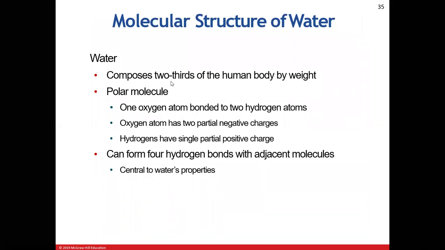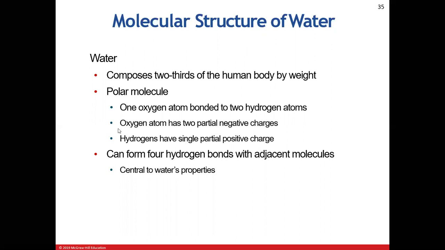Okay. And so water composes 2/3 of the human body by weight. We know water is obviously a polar molecule. It's got one oxygen atom bonded to two hydrogen atoms. And we also know that the oxygen atom is going to have two partial negative charges, which make it overall negative because of the two hydrogen atoms.